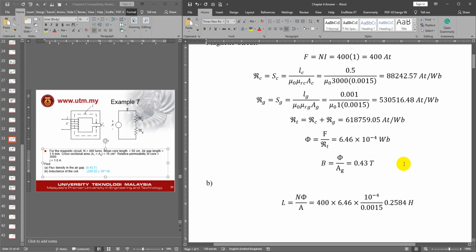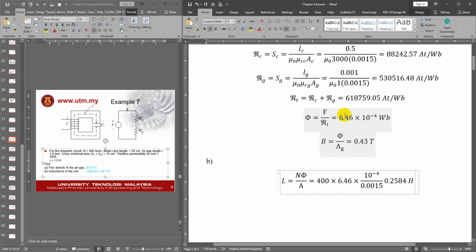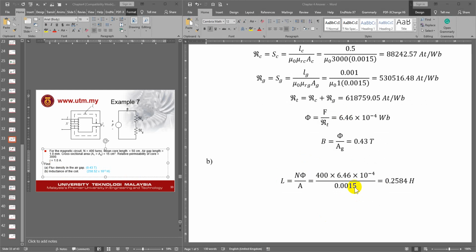Now for B, the inductance of the coil, use the formula L equals N times flux over I. N is 400, the flux you calculated here, and I. Just insert the values and you get the answer. L, the inductance, is in Henry.